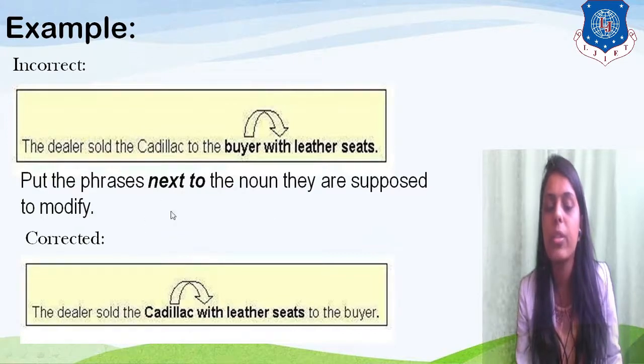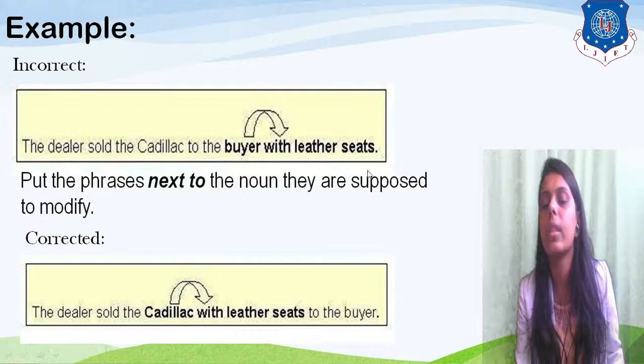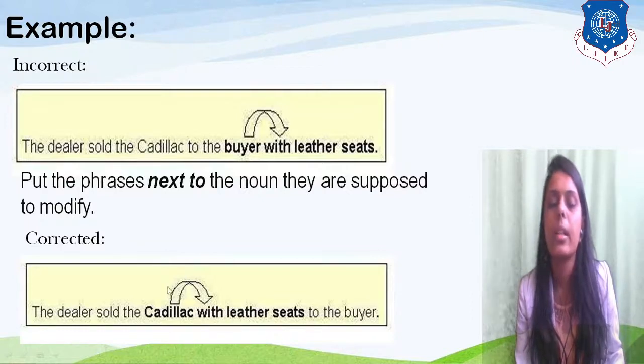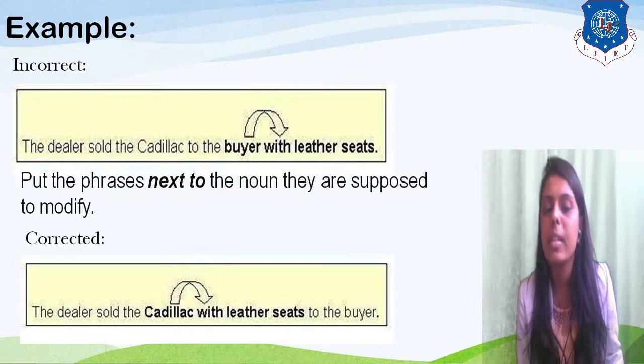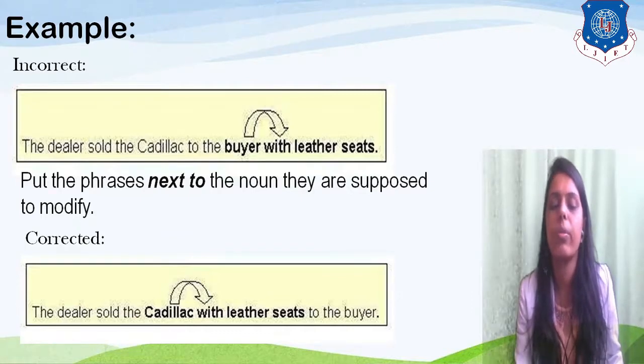Actually the Cadillac had leather seats, right? Rather than that, the correct form is: the dealer sold the Cadillac with leather seats to the buyer, right? So that's correct. Put the phrase next to the noun it is supposed to modify.